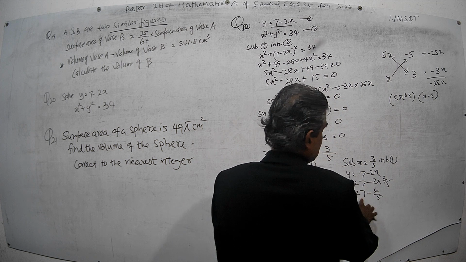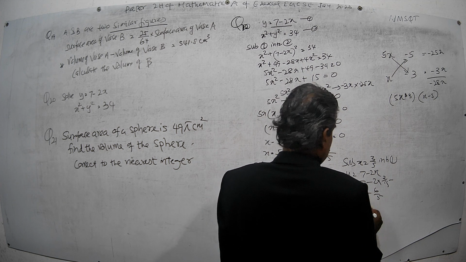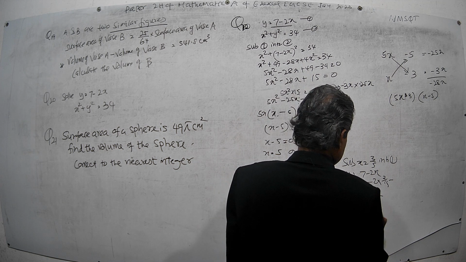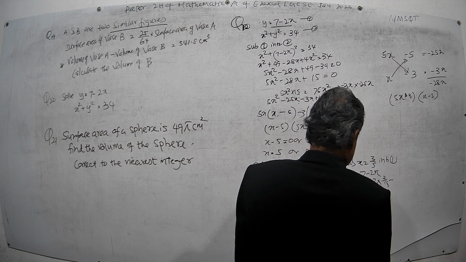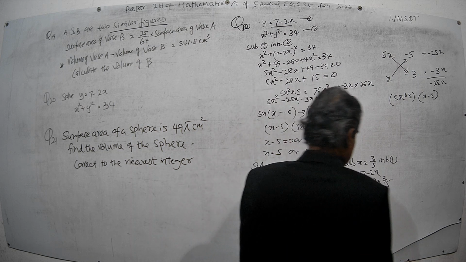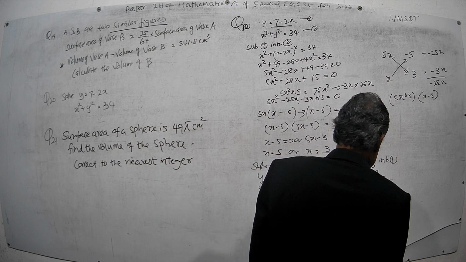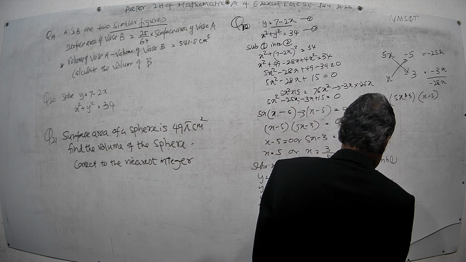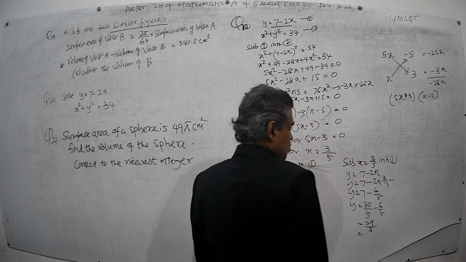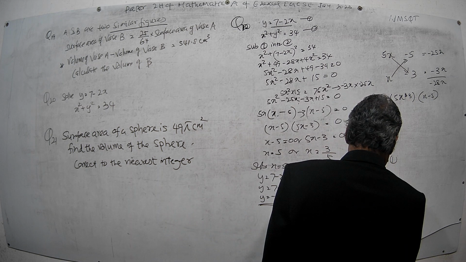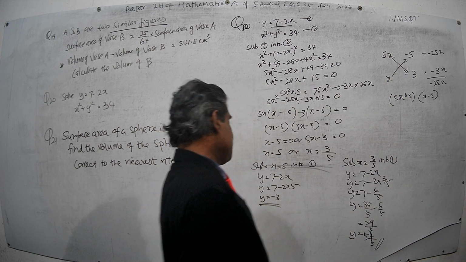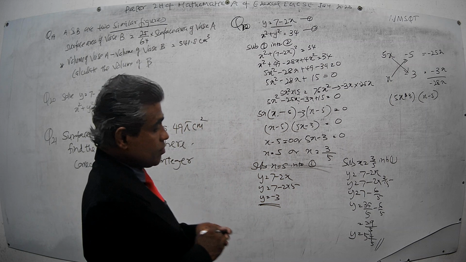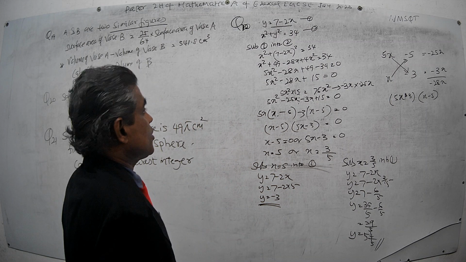We will find the LCM here is 5. Therefore, 35 over 5 minus 6 over 5. Then 35 minus 6 means 29 over 5. Then 29 over 5 means 5 and 4 over 5. That is y. Right. So they are the answers.